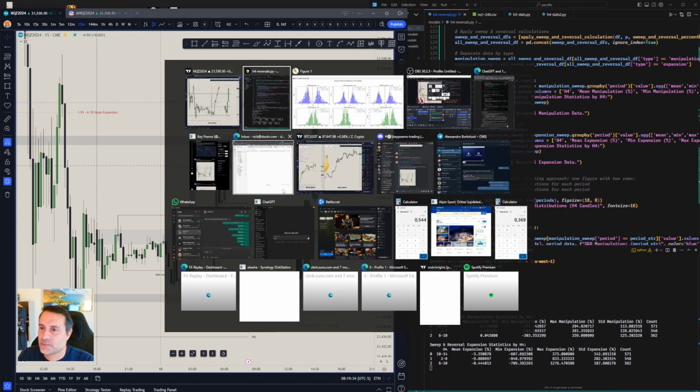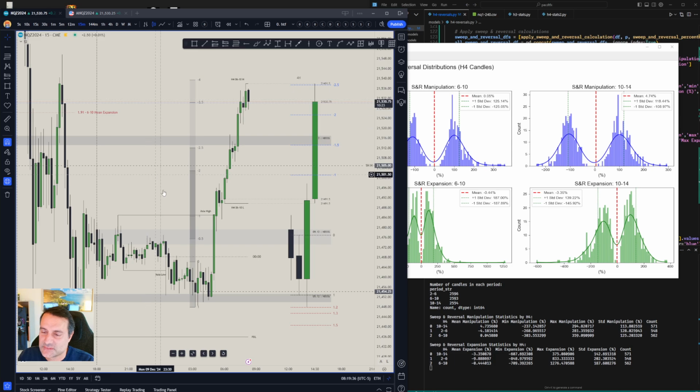Okay, so if you remember, what I want to measure is when, for example, in the scenario of a down close candle, so that 10 to 2 a.m. candle closes bearish, cannot breach the previous day low. It does a sweep between 2 and 6, touches 1.2 of the extension or the retracement, and then reverses.